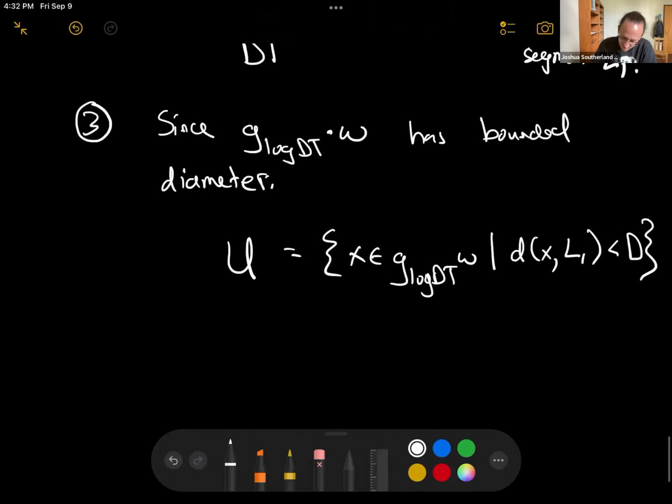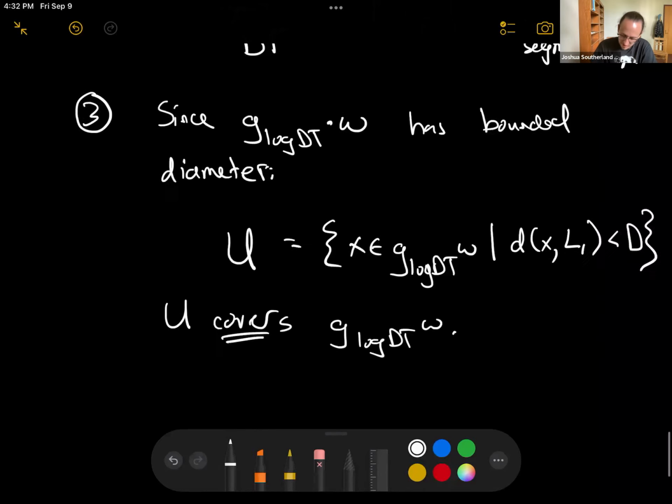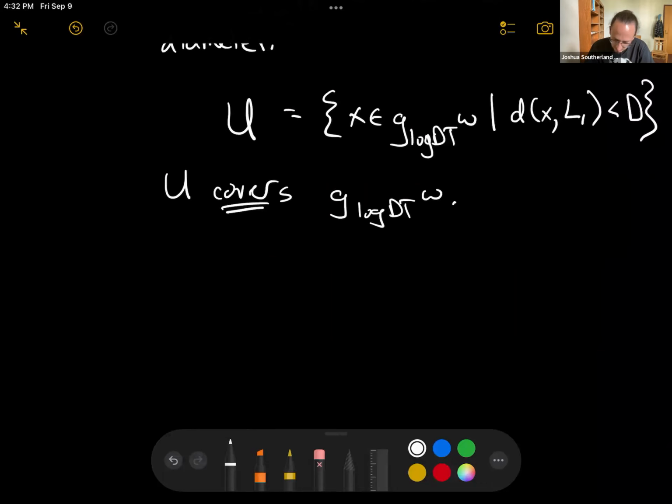Okay, so I can take a neighborhood that looks like this, since the surface has this bounded diameter, and I made d a little bit bigger. U is going to cover this translation surface.